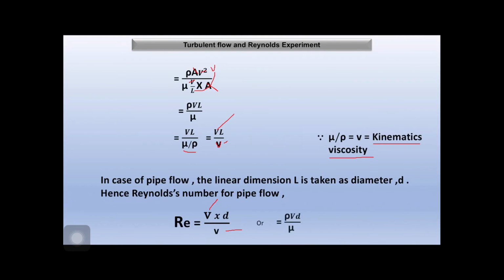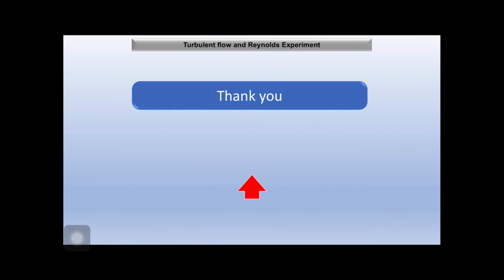Or it can be given by rho V D by mu. Here rho is the density, V is the velocity, D is the diameter of the pipe, and mu is the viscosity. Okay, and that was about the Reynolds equation.